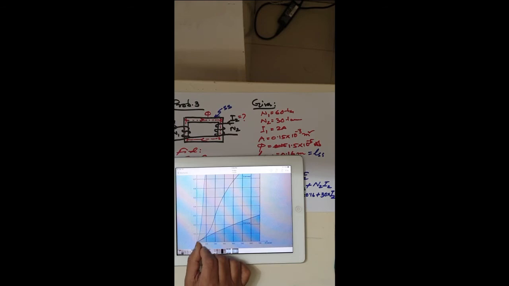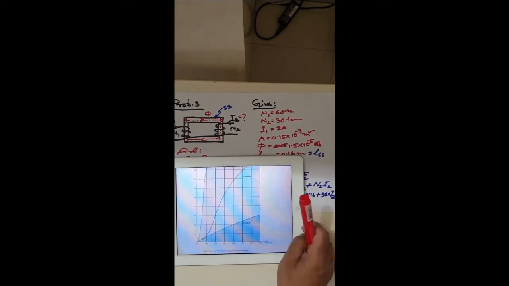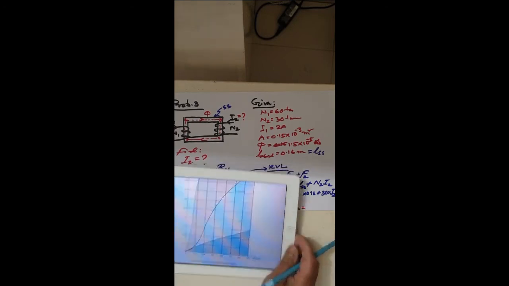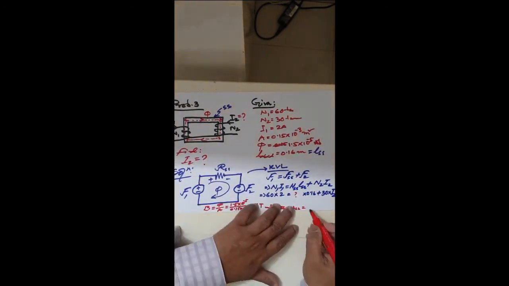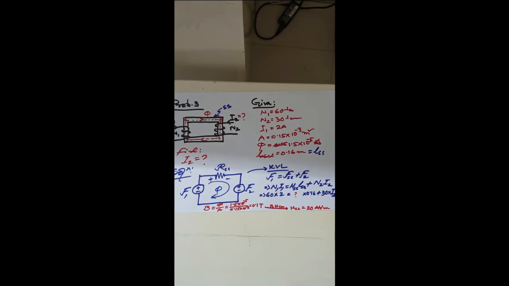We assume 0.1 is giving approximately 20 ampere turns per meter. I'm talking about 0.1 here and cutting here at 20. So 20 ampere turns per meter is the magnetizing force HSS.